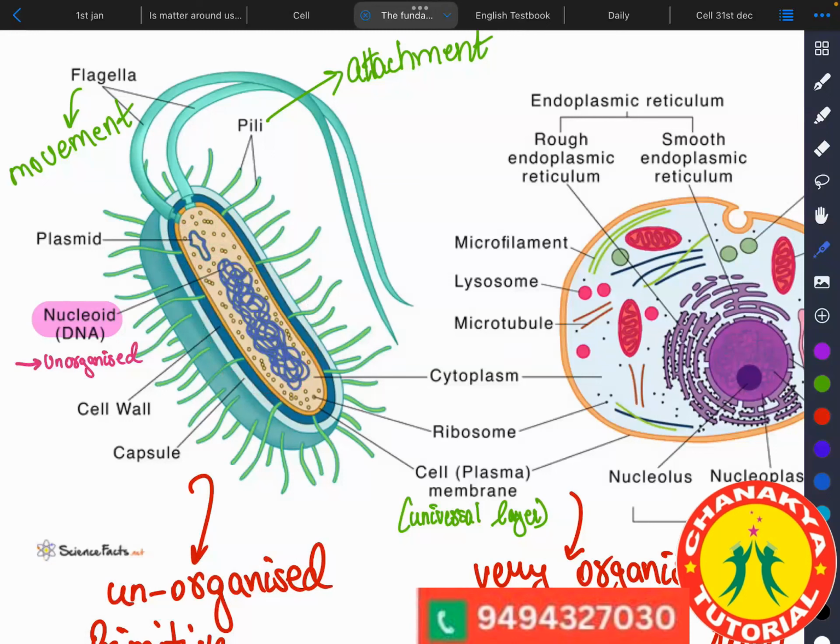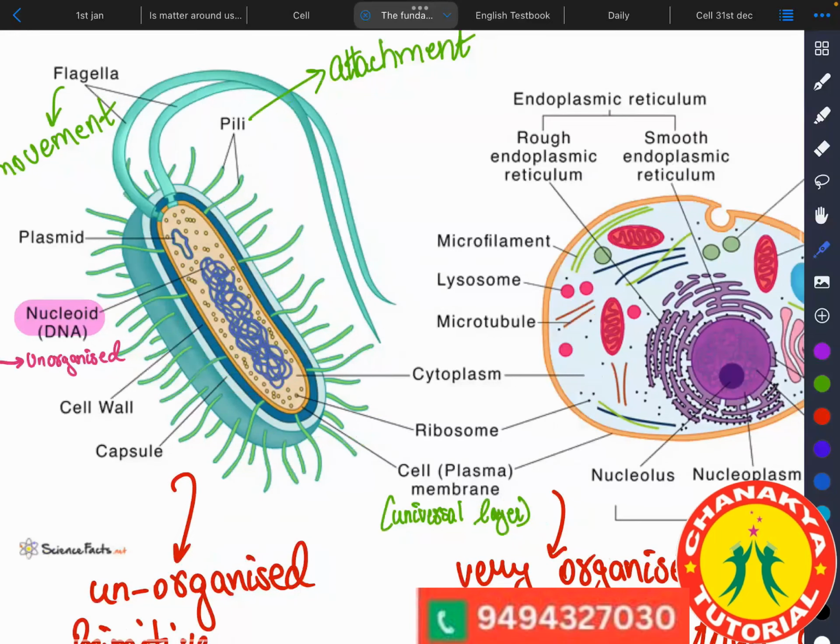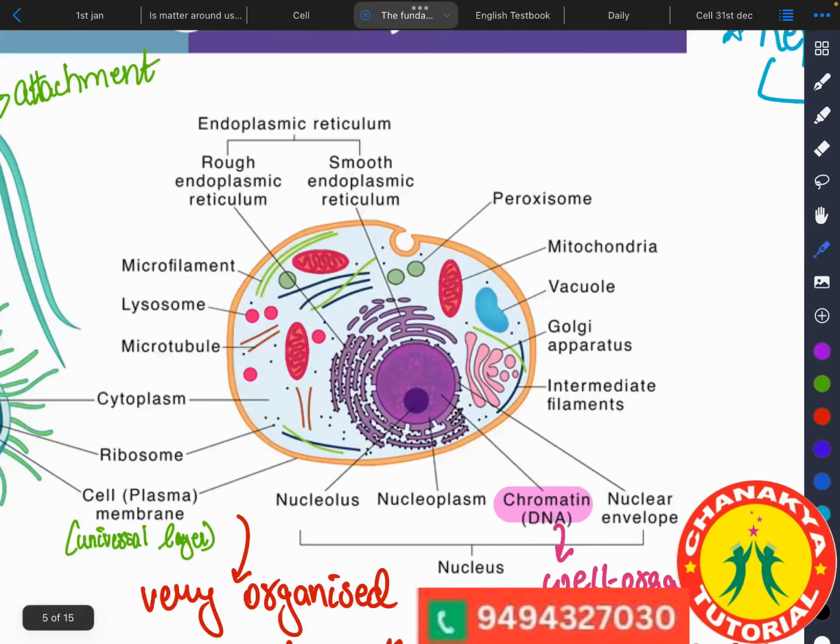There is no specific arrangement inside a prokaryotic cell, whereas in a eukaryotic cell it is very systematic. The diagram itself shows us that it is a very systematic cell. So we cannot go by sizes; we always distinguish with the help of whether it is systematic or not.